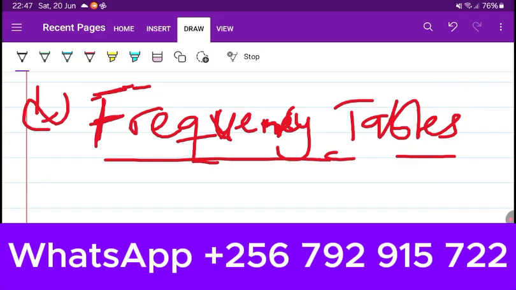Now, for frequency tables, I explained that they are just tables that represent more than one variable.